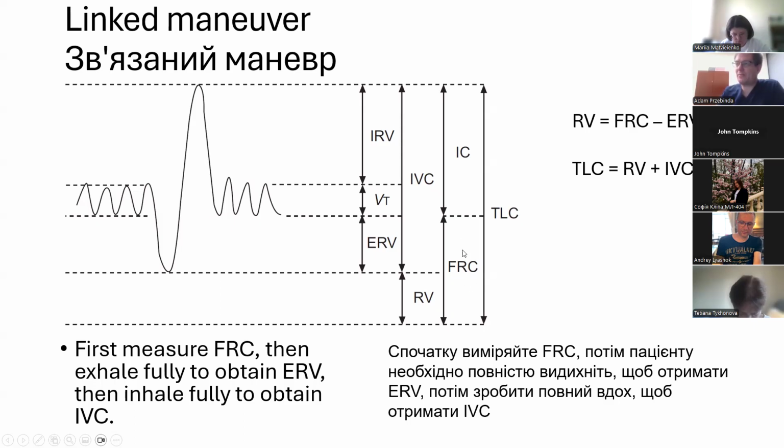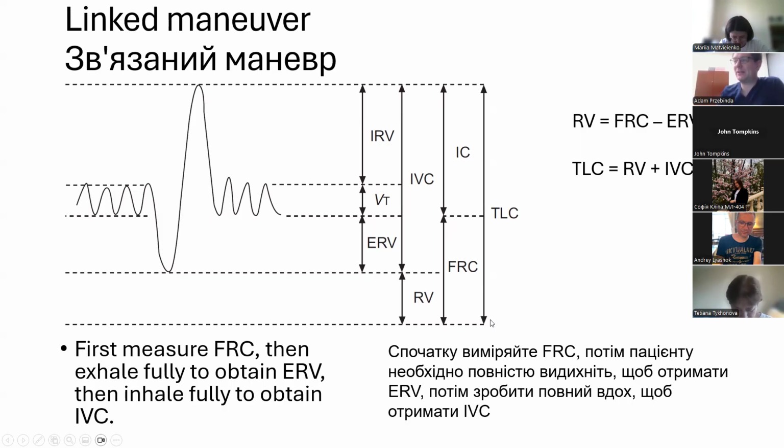Once you measure it, we have the patient exhale fully to find out the expiratory reserve volume, and then inhale fully to obtain the inhaled vital capacity. Then you can calculate the residual volume, which is just this minus this, very simple math. Then you add up the residual volume plus this volume here to get the total lung capacity.